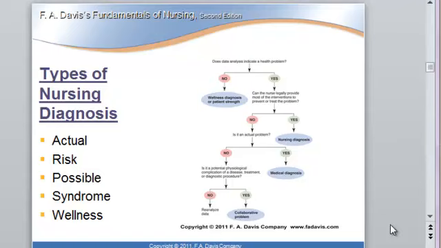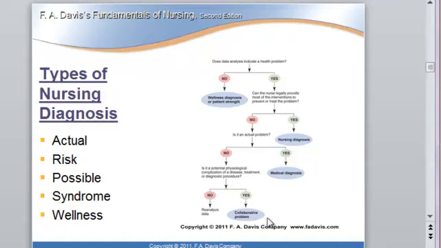A syndrome diagnosis represents a collection of nursing diagnoses that usually occur together. For example, your book gives the NANDA label risk for disuse syndrome, which is used to represent all the complications that can occur as a result of immobility, such as a pressure ulcer, constipation, body image disturbance.